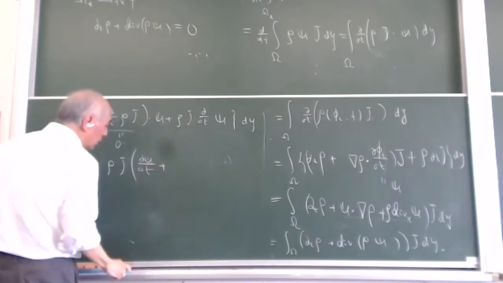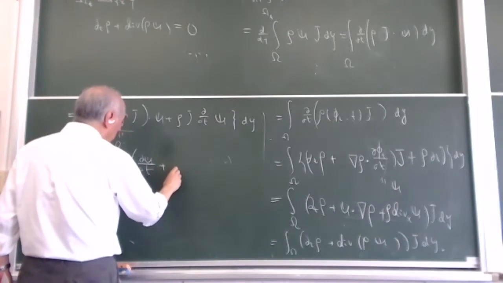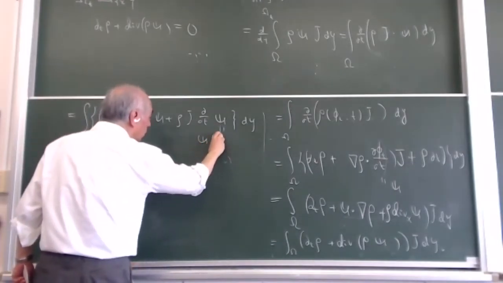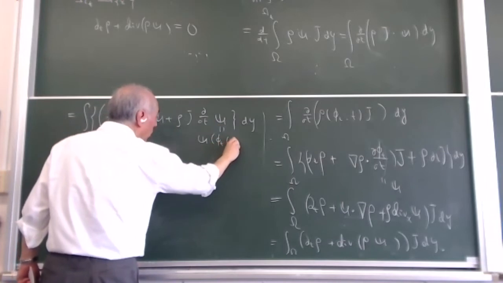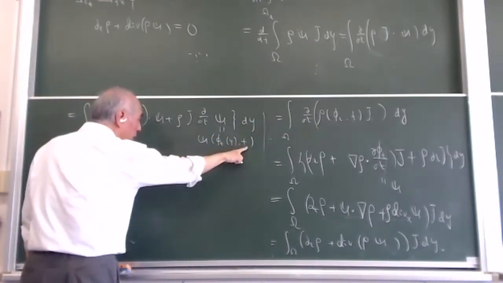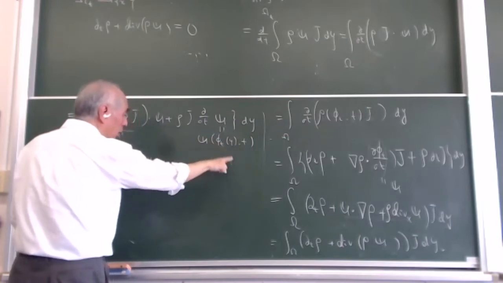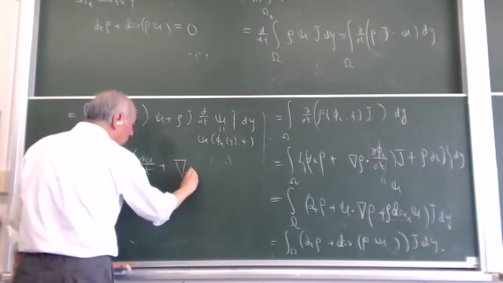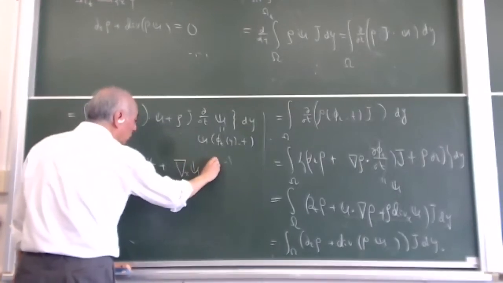So now u depends on time and also on the x variable. Therefore, time derivative here and also the derivative with respect to x of u.